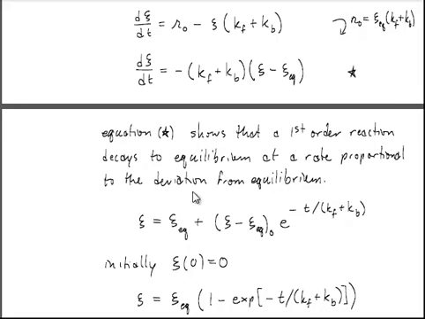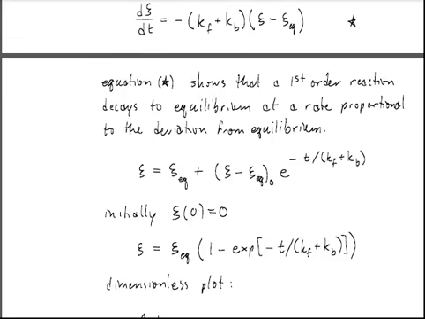To put that mathematically, we have to solve this equation, but what you see is that the extent of reaction is asymptotically going to be the extent of reaction at equilibrium, decaying towards that with the initial deviation from equilibrium times an exponential decay factor, e to the minus t times the sum of the forward and backward rate constants.